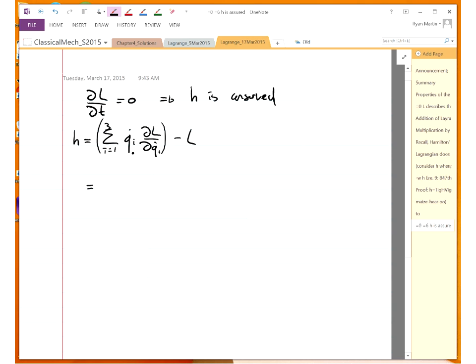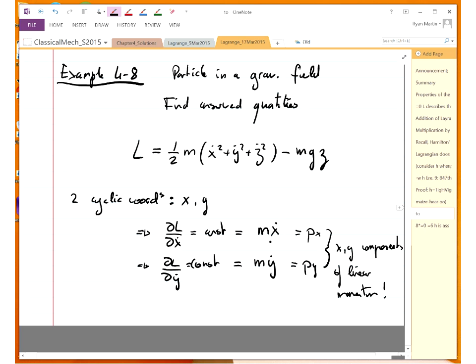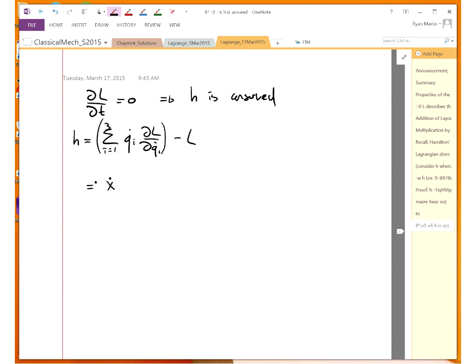So q_i is going to be equal to x, y, and z. So the first term is when q_i is equal to x. So I have ẋ times ∂L/∂ẋ. And ∂L/∂ẋ over here was mẋ. So I have ẋ times mẋ, that gives me mẋ². Same thing for y, mẏ².